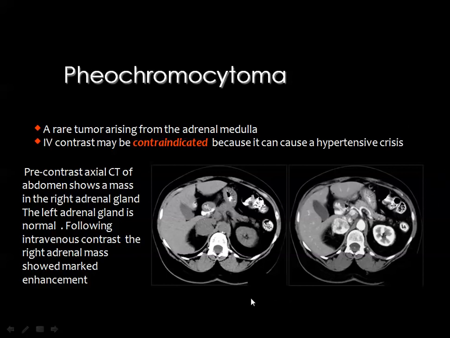And as I have mentioned, if you have the classic criteria, a patient with hypertension, increased vanillyl mandelic acid, catecholamines in the urine and in the blood, and you have a suprarenal mass, then the diagnosis of suprarenal pheochromocytoma is almost certain.